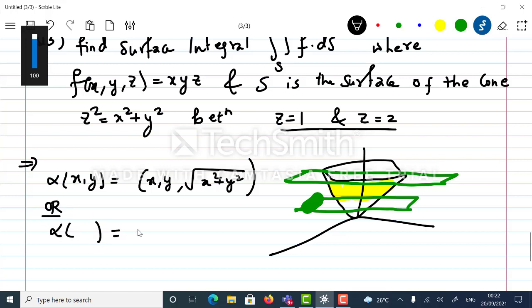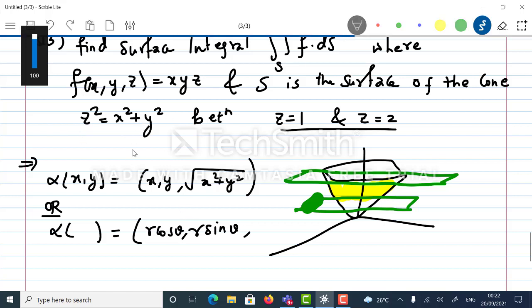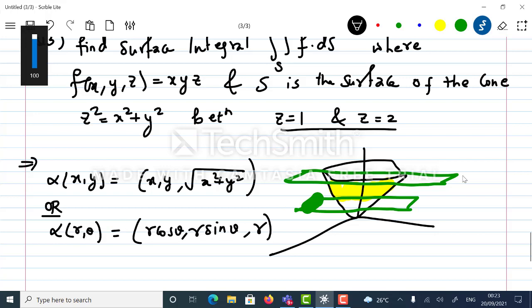So x is r cos theta, y is r sin theta, and z is under root of x squared plus y squared. So z squared is equal to r squared, so z is equal to r. This way we can take the parameterization in terms of r and theta.